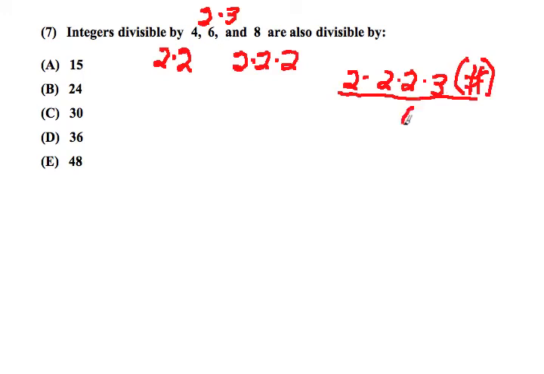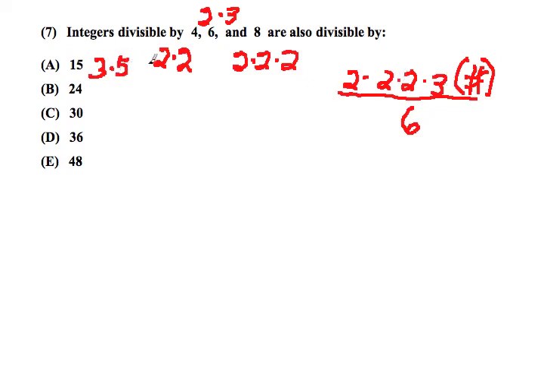For example, to be divisible by 6, it needs the 2 and the 3. Okay, so now what about 15? To be divisible by 15, it needs a 3 and a 5.